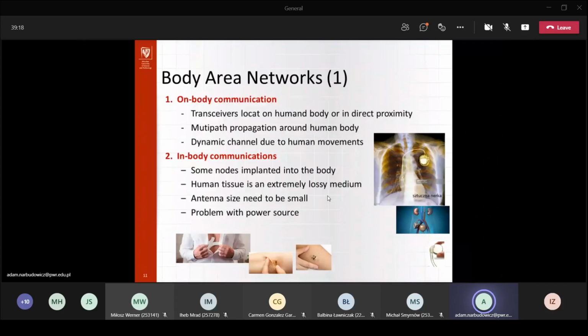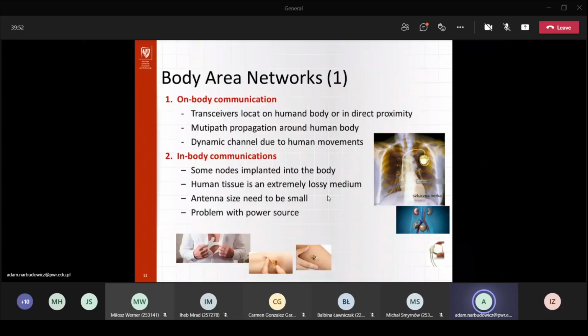The problem, though, is that if you think about penetration into the human body, you actually want to use lower frequencies, simply because a millimeter wave signal would be reflected basically from the skin. So 20 gigahertz has very small chances of getting into the body. For that, you want to use lower frequencies, which have much better penetration into the tissue.